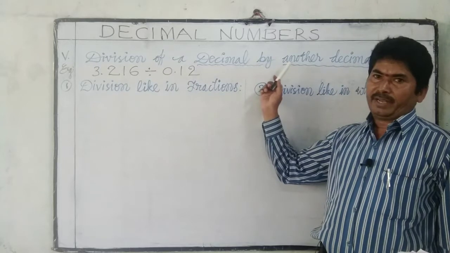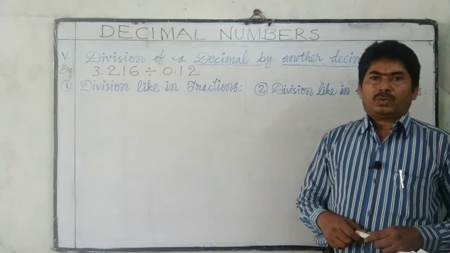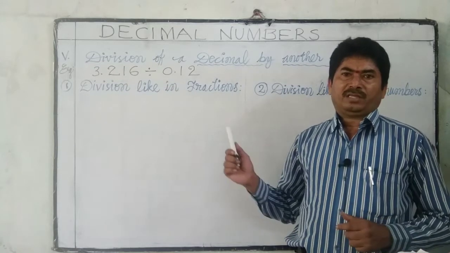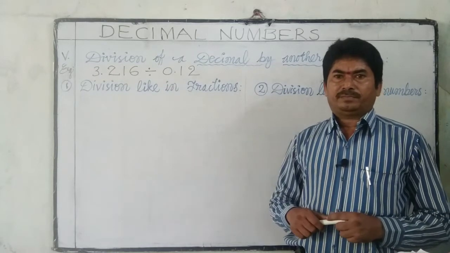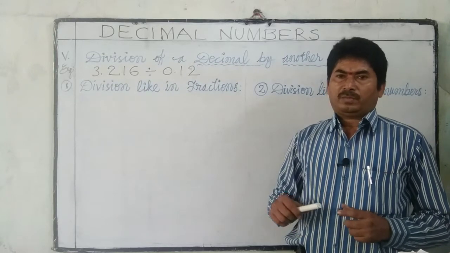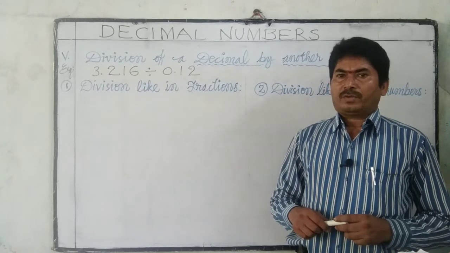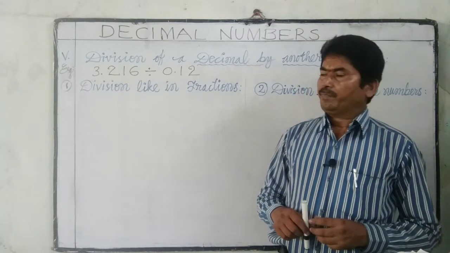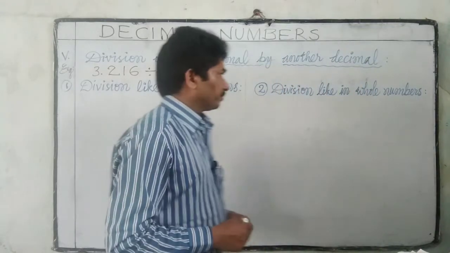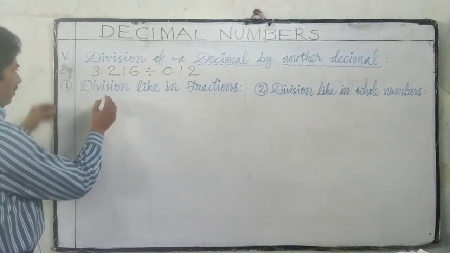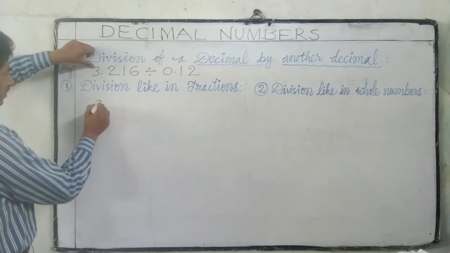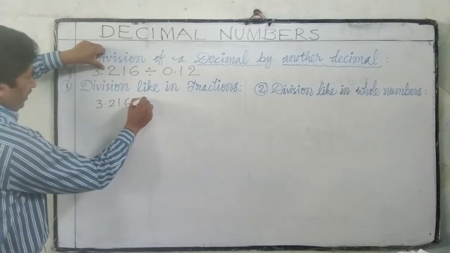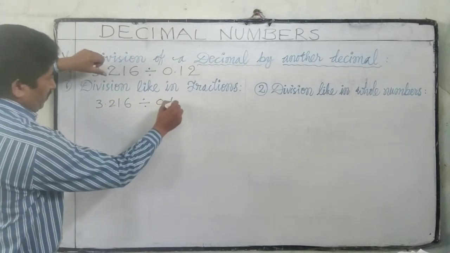Division of a decimal by another decimal. To divide a decimal by another decimal, first we have to make the divisor a whole number. Then follow the rules as usual. Let us observe an example. 3.216 divided by 0.12.